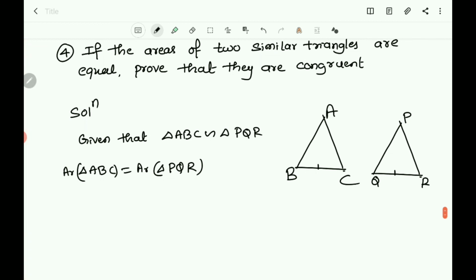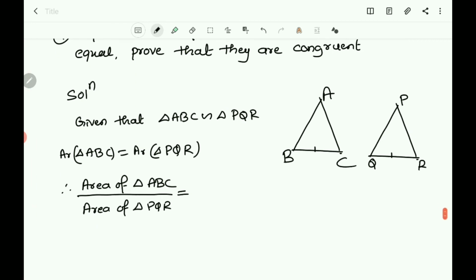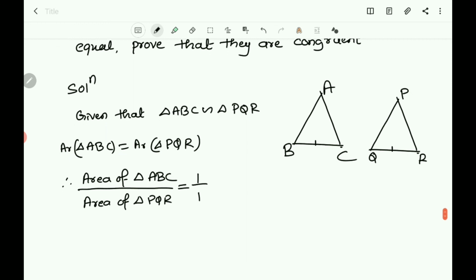So you write, therefore area of triangle ABC by area of triangle PQR is equal to what? 1 by 1 you will get.